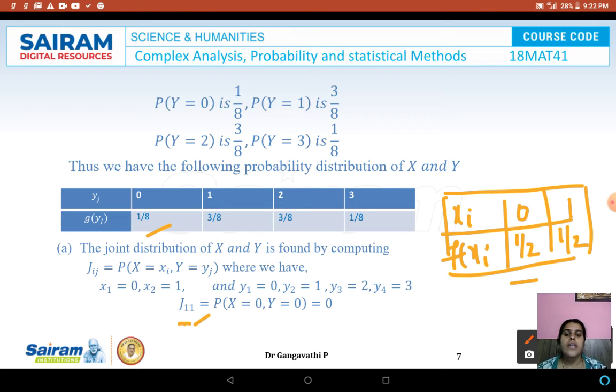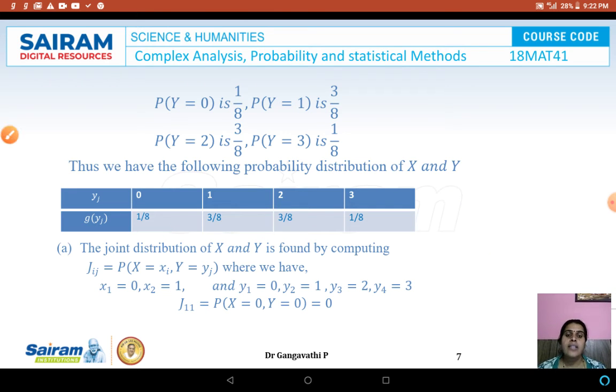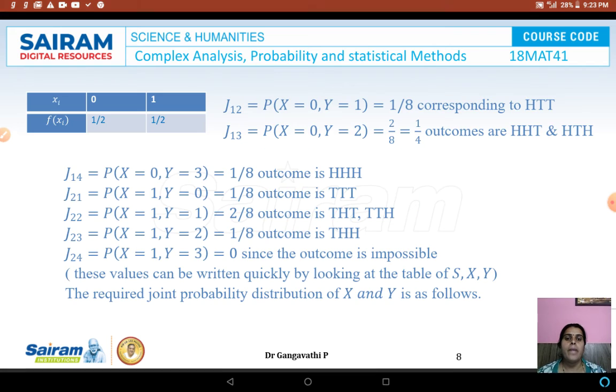So that is J11. There is no such possible case, so that is impossible. Getting x equal to 1 means a tail should appear, and getting x equal to 0 means a head should appear in the first toss, but the number of heads should be 0. So it is a contradictory statement, and J11 happens to be 0.